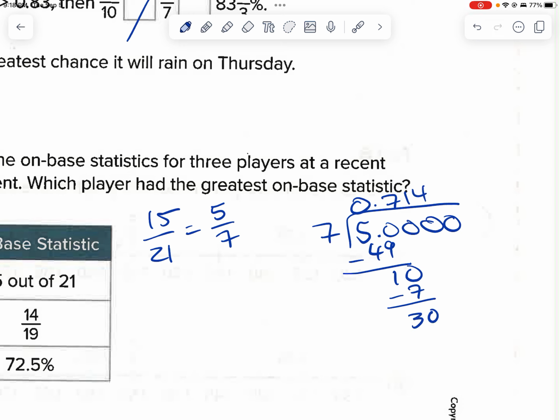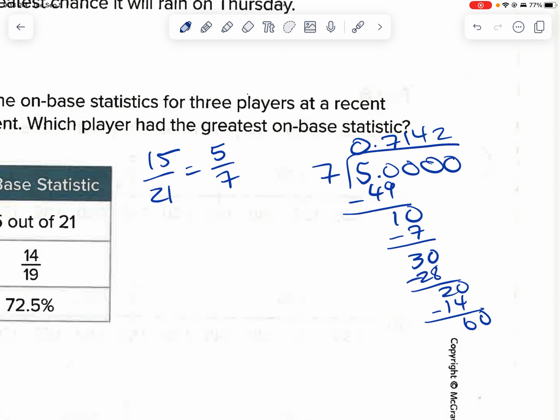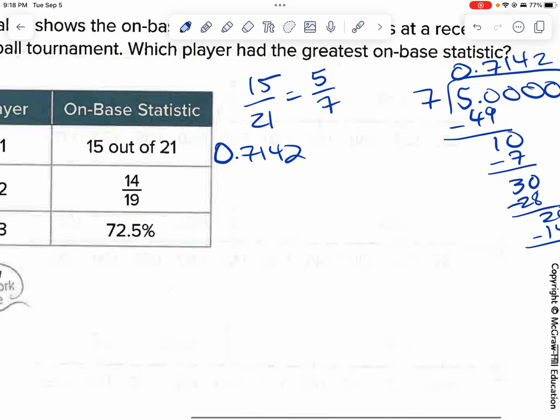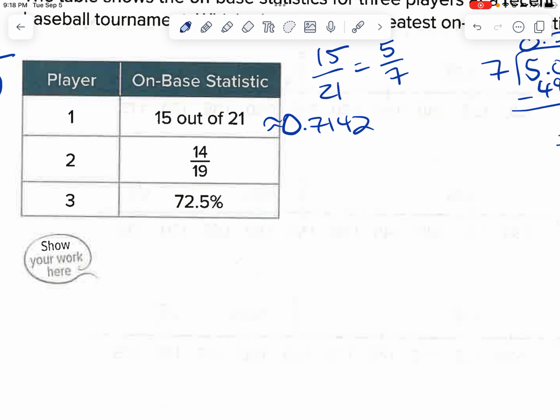It's 28. 7 goes into that 2. It's 14, so that would get me 6. Okay, I think we're good at rounding at this. So this one is 0.7142. And that's an approximation.